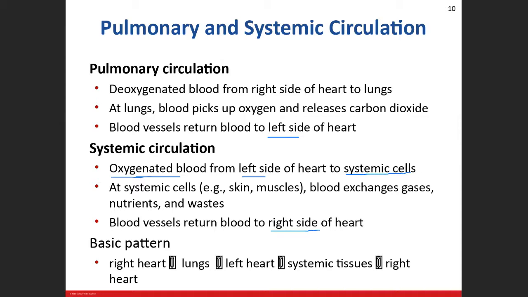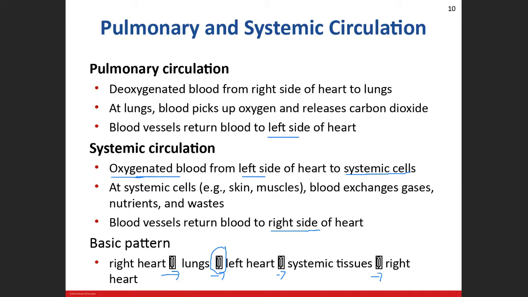I don't know what these little symbols here are all about, but they're supposed to be arrows. So the right heart moves blood to the lungs, which will move blood to the left heart, which will then move blood to the systemic tissues, and then move it right back to the right side.